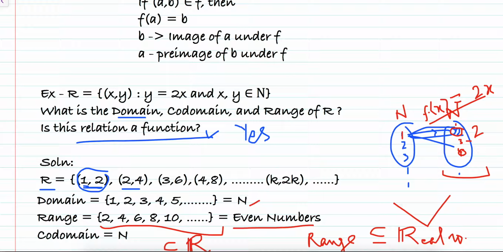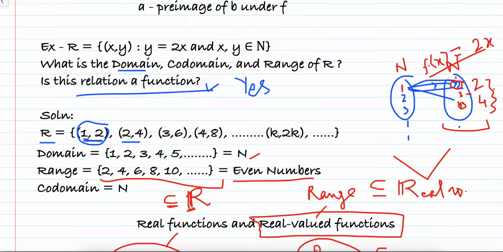The value of 2 defined using this function is 4, and so on. These values lie in the range. So real valued functions means functions which give some real valued output.